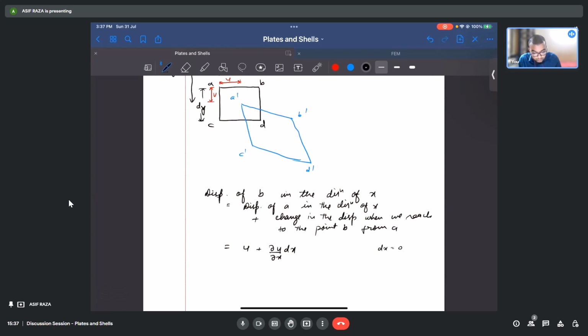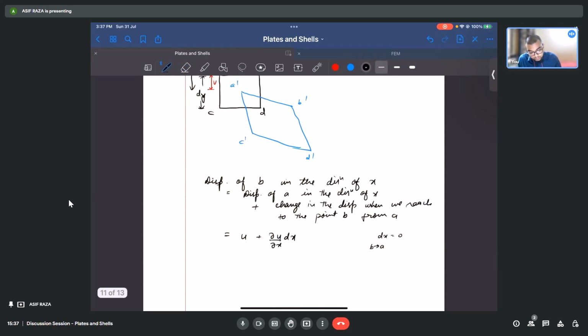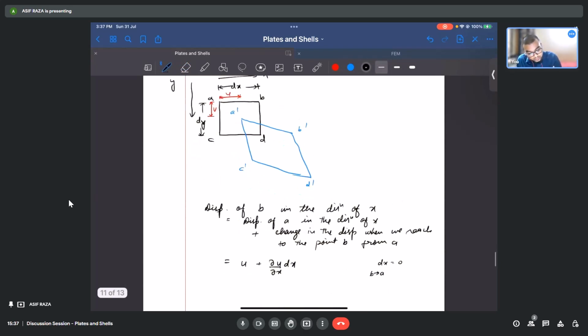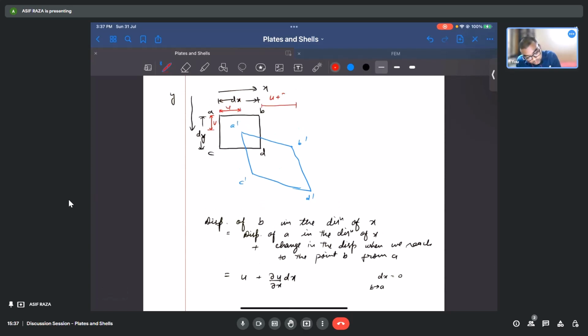If dx is not there, that means B coincides with A and the change would come out to be 0, so the displacement of B would be the same as the displacement of A, which is u. So this justifies it. As a result, the displacement of B to B dash in the direction of x would be u plus ∂u/∂x times dx, right?